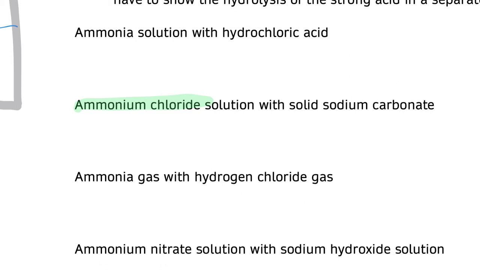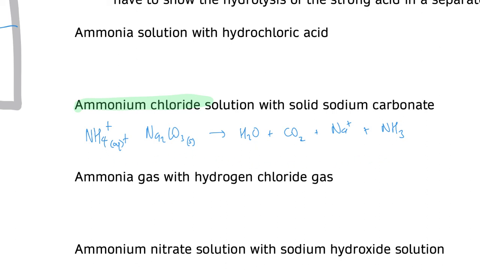Because it's a weak acid, we do not split it apart, so we wouldn't split the NH3 and the H plus apart. Plus solid sodium carbonate, Na2CO3 solid. This would react to form water, carbon dioxide, a salt, which is the Na plus part of it, and ammonia, because the hydrogen on the NH4 is going to be given up to make the water, and what's left here is the NH3.